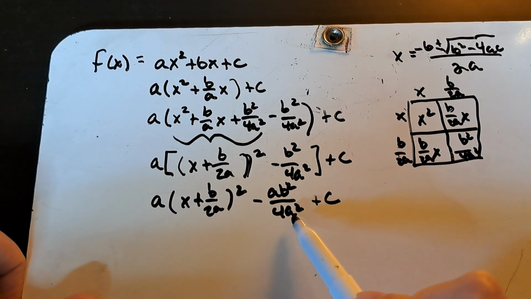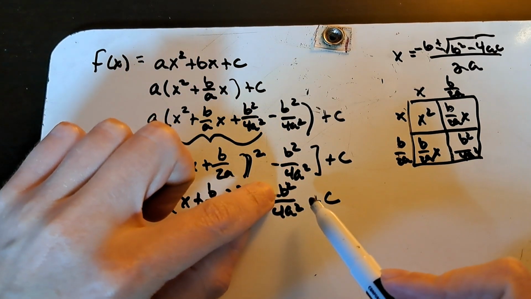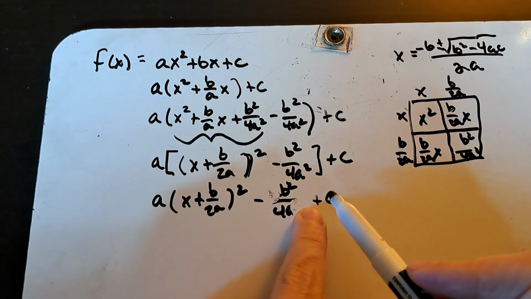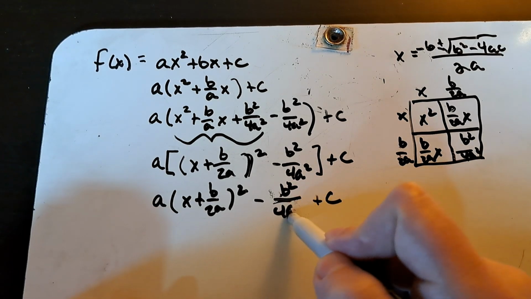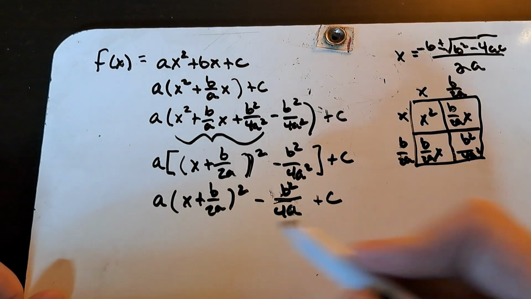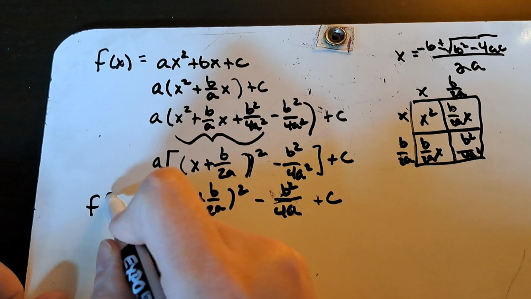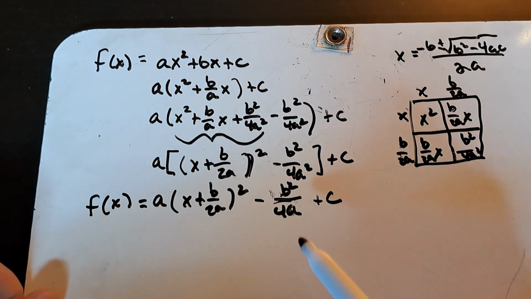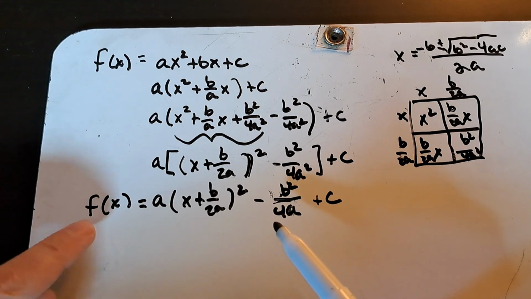Let's go ahead and simplify that. a divided by a squared. The a on the top is now gone, and one of the a's on the bottom is now gone. So now I just have b squared over 4a. All right, so remember that this is f of x. Well, in order for me to solve this for x so that I can find the x-intercepts, I need to set the output equal to 0.